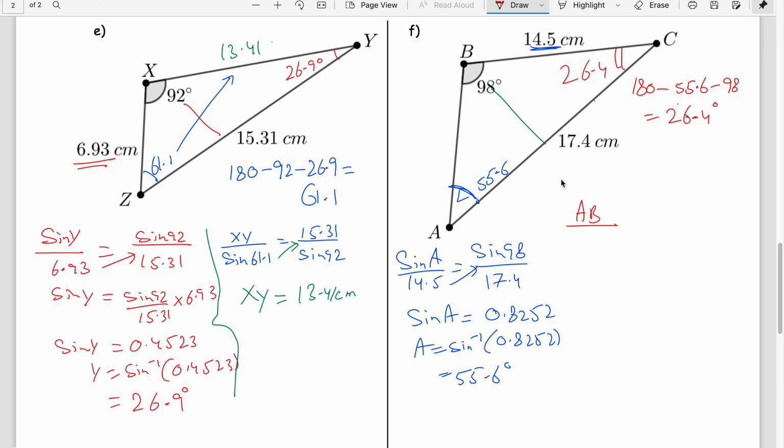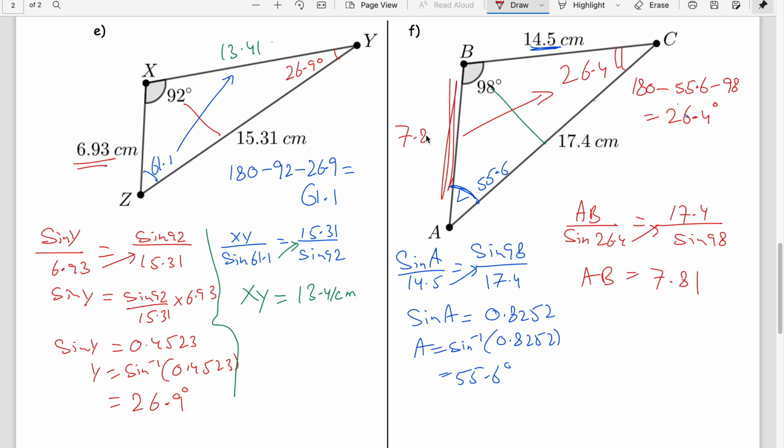So now AB is this side and the pair is with 26.4, is equals to side 17.4 divided by sine 98. So AB turns out to be, when you cross multiply, 17.4 divided by sine 98 times sine 26.4, you get 7.81. So this is now 7.81.